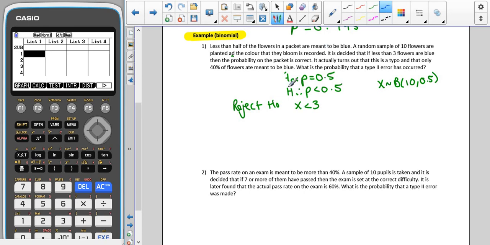Remember that we actually want the accept H0 region, because the type 2 error is that H0 is not true, but we accept H0. So we would accept H0 if X was greater than or equal to 3.